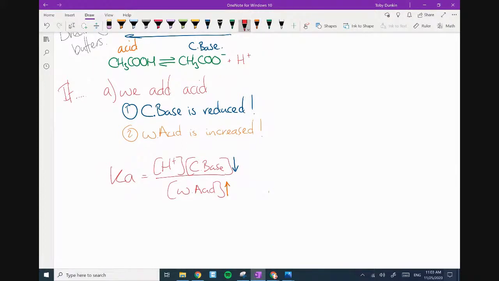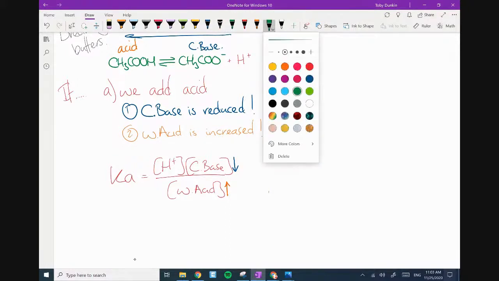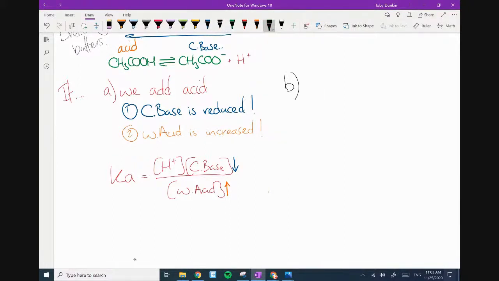What's going to happen then if I add a base to this? The handwriting's getting bigger again. What would happen if we added a base? Let's stick with the same routine.